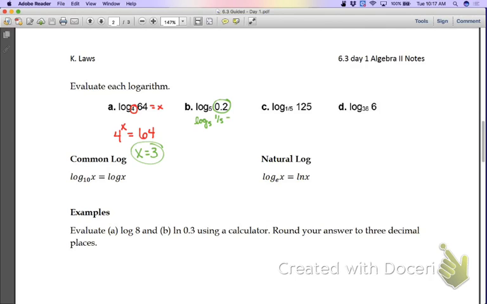If I have 5 to what power is going to give me 1/5, what did I do to my 5 to turn it into a 1/5? I just flipped it, right? So what is this equal to? -1. So x is equal to -1, or log base 5 of 0.2 is -1. If you have a decimal, though, make sure you change it into a fraction. That'll make things a lot easier.